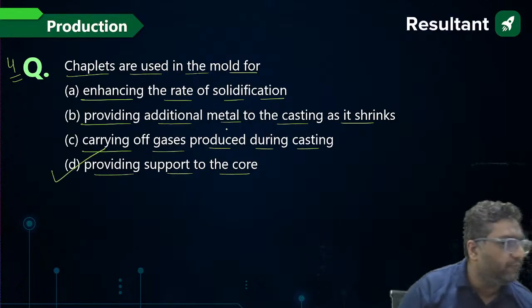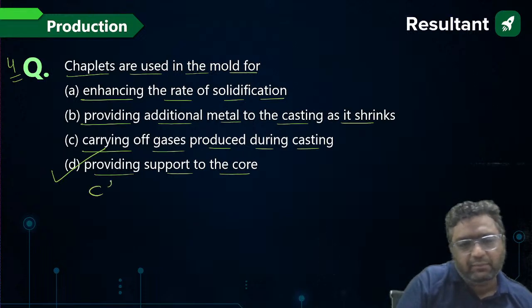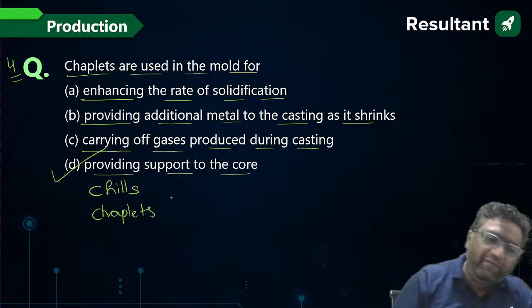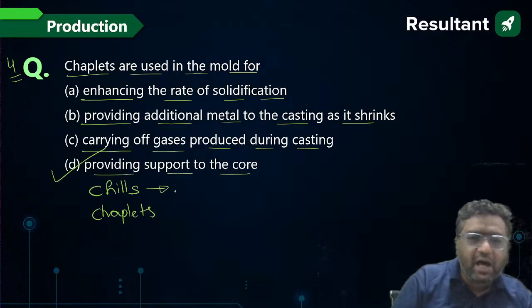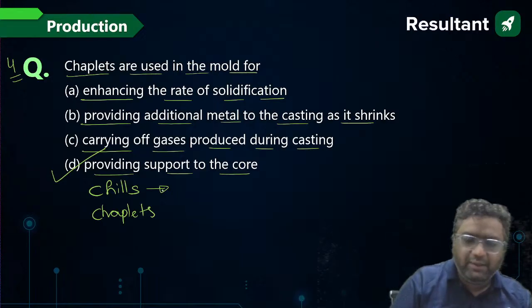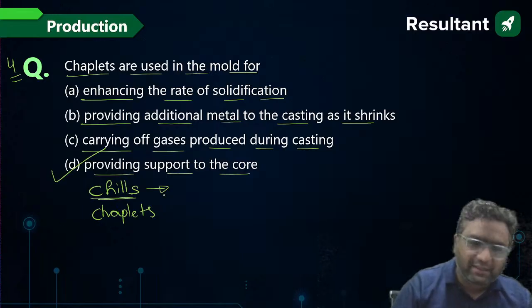No doubt about that. When we are talking about this question on chaplets, there are some words which are confusing. One is chills, one is chaplets. Chills are used to improve the solidification. They are actually used to avoid the production of secondary dendrites.